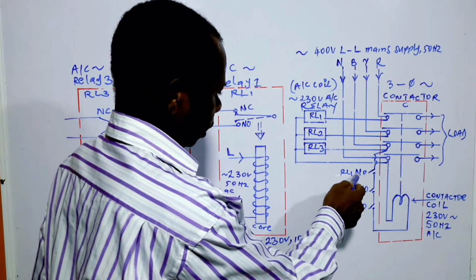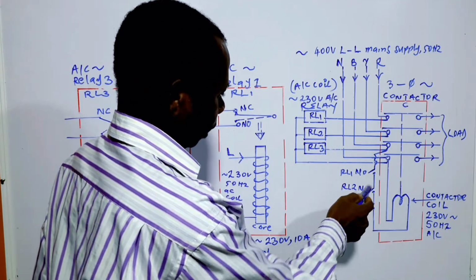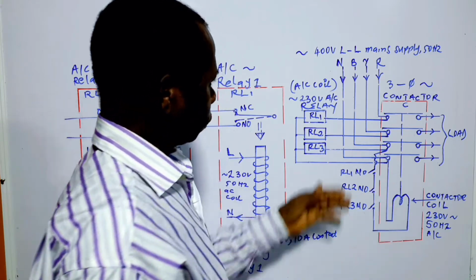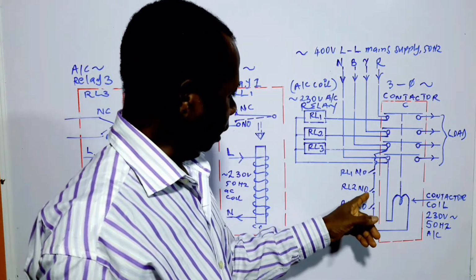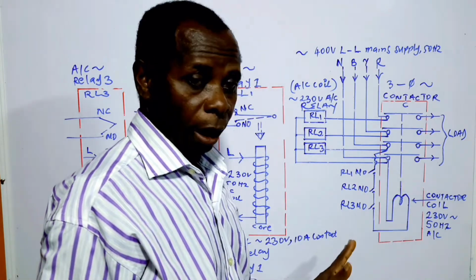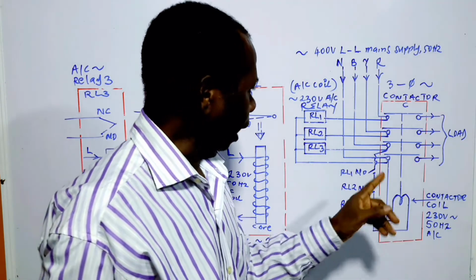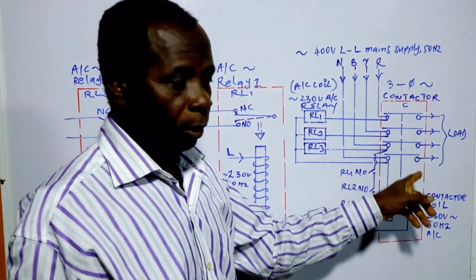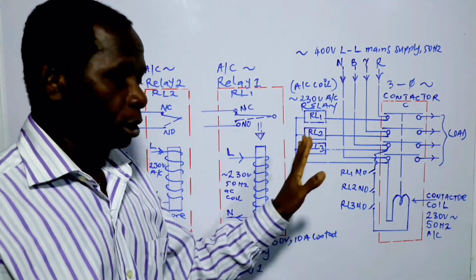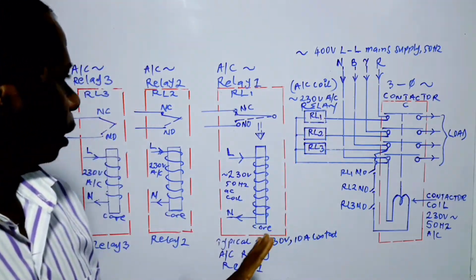This is the relay 1 normally open contact, relay 2 normally open contact, relay 3 normally open contact. The way it is now, in as much as these three contacts remain open, the contactor cannot be energized and there won't be supply to the load. So the system is inactive, nothing is working now.